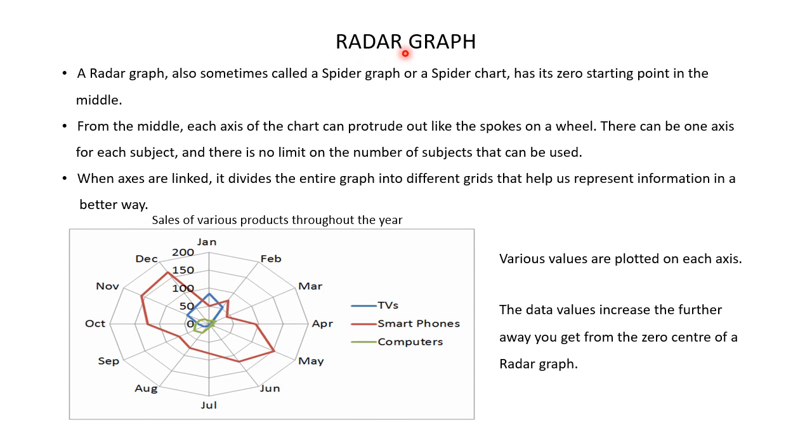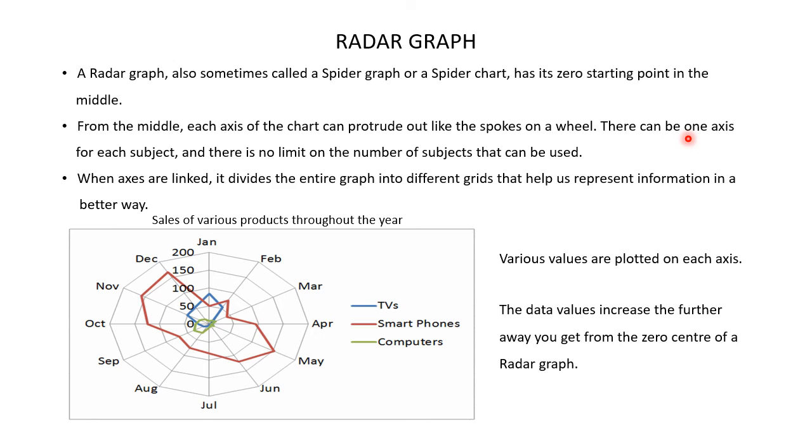Let's learn more about radar graph. A radar graph, also sometimes called a spider graph or a spider chart, has its zero starting point in the middle. From the middle, each axis of the chart can protrude out like the spokes on a wheel.